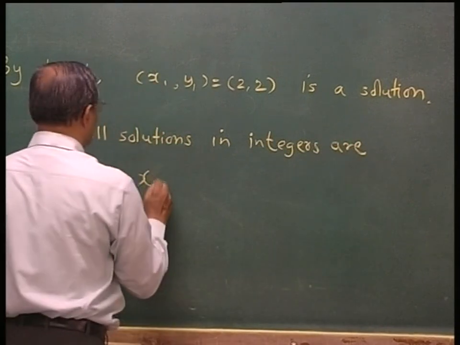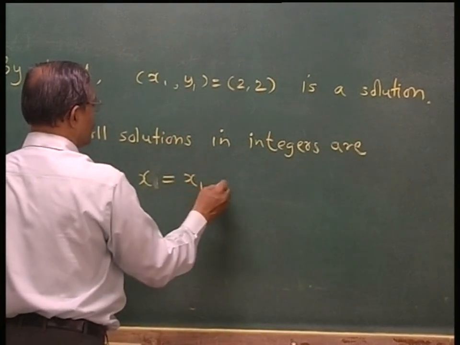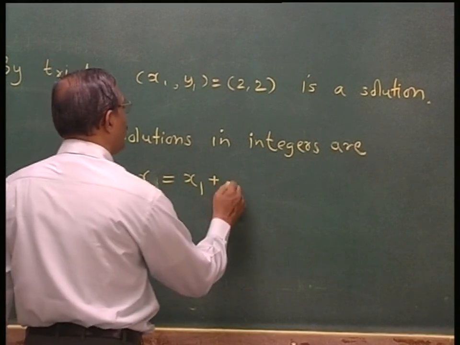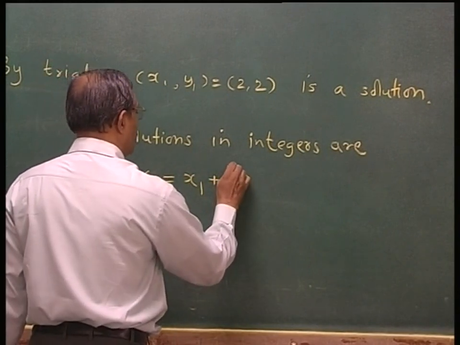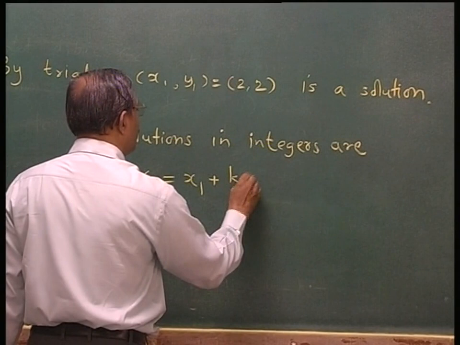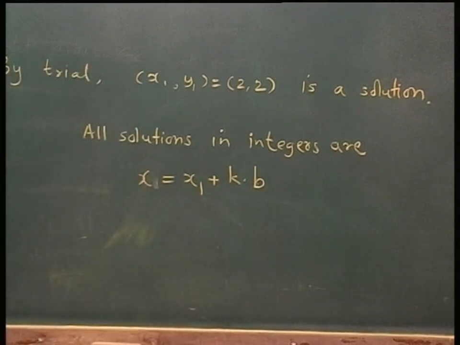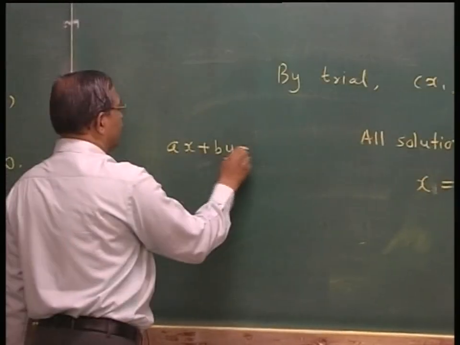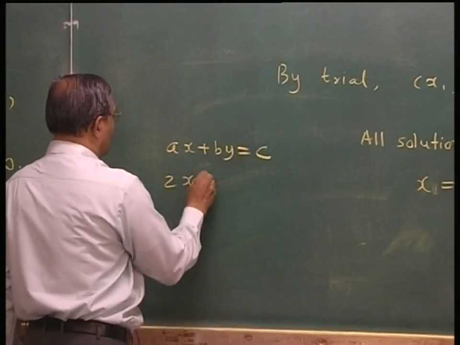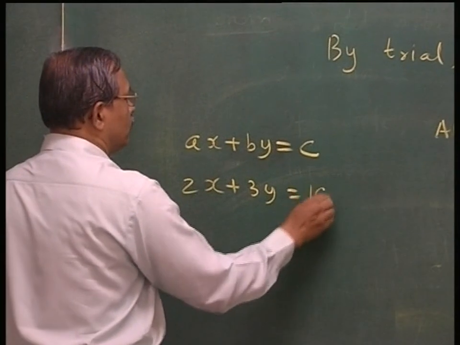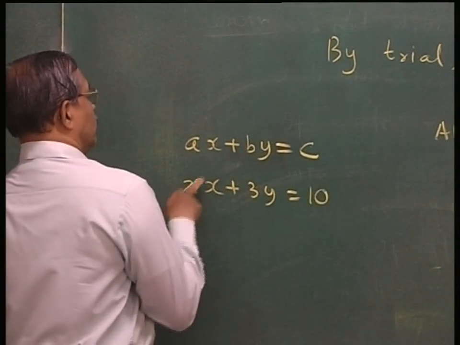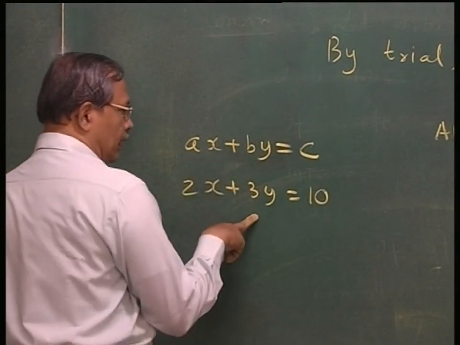x equal to x1 plus k times b. Now here ax plus by equal to c. This is 2x plus 3y equal to 10. So a is 2 and b is 3.